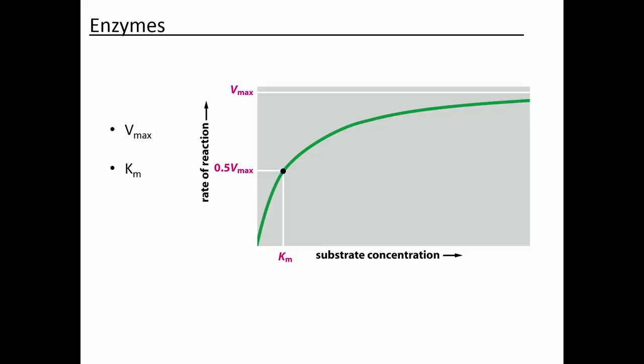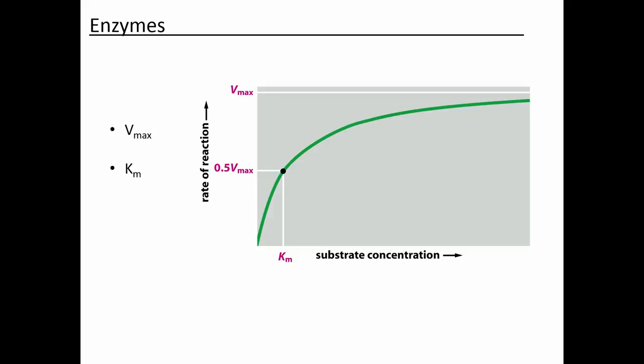Well, it specifically has to do with the active site and the substrate and the interaction between the two. Okay. So those are two things that you can measure in a lab about an enzyme, and it indicates to you something about the enzyme.